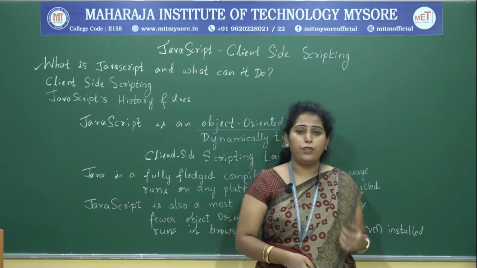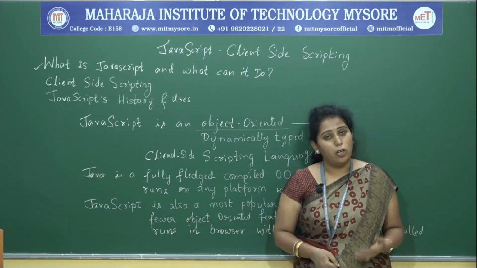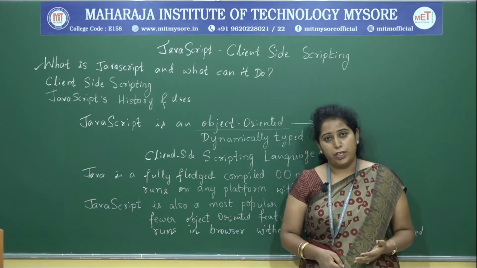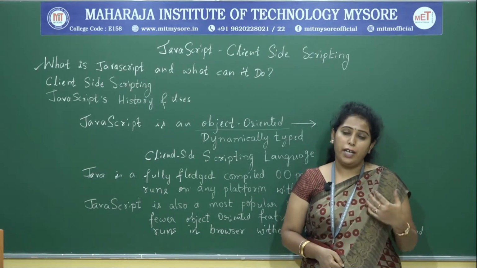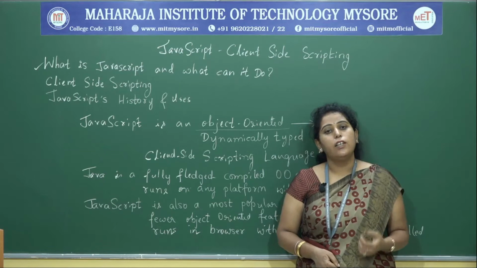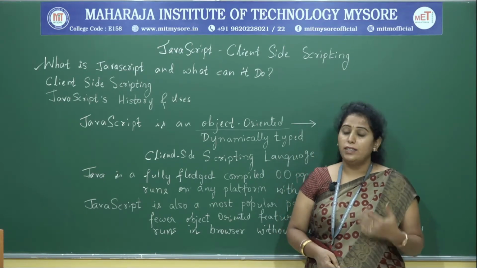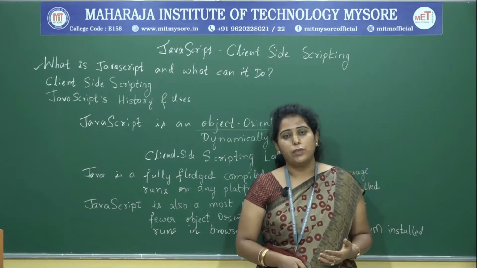I mean to say, if you declare some variable in the language, those variables are also named objects. For example, if you have constructors or any methods within the language, those things are all considered objects. So, that is why JavaScript is named an object oriented language.